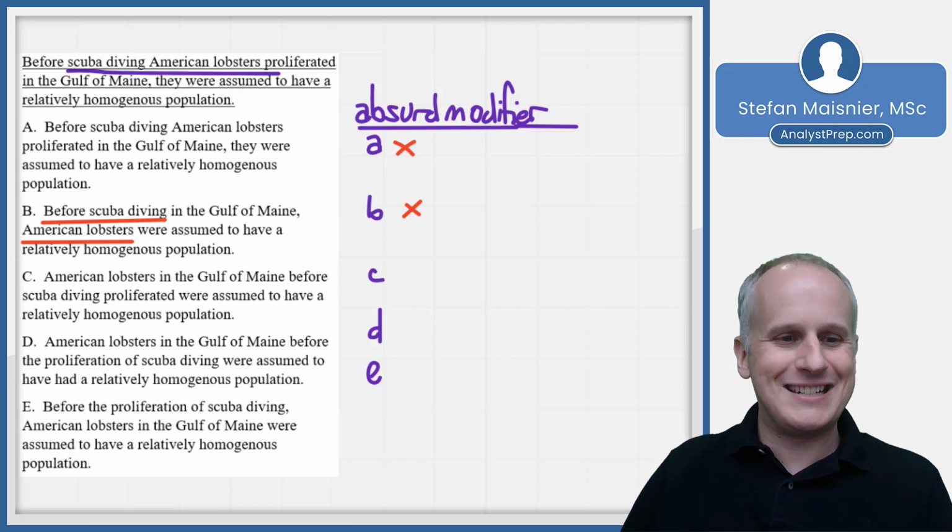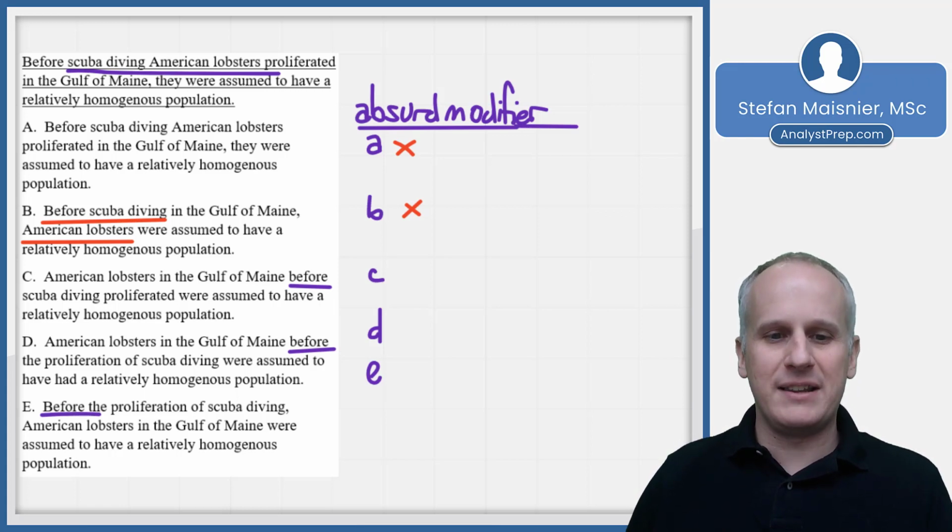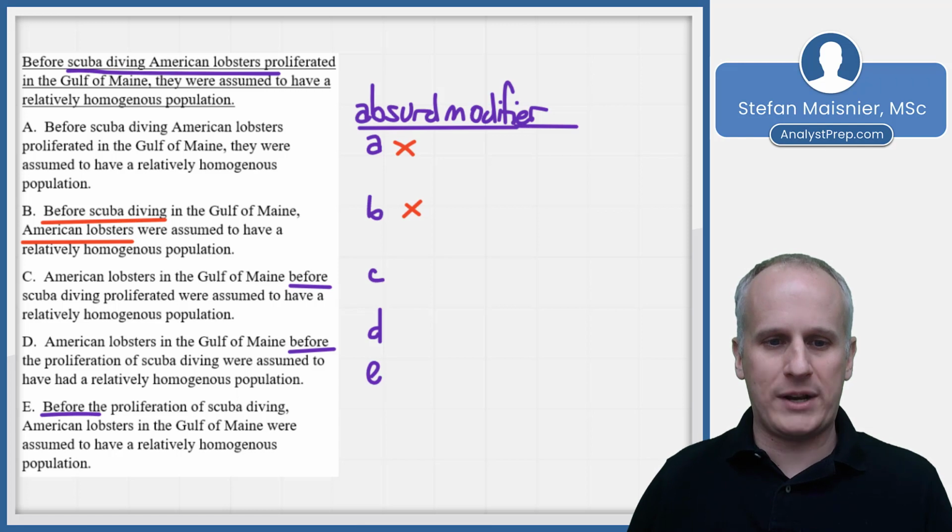So we can see here in the other answer choices that the word "before" is subtly moving in the options. So in C, we've got American lobsters in the Gulf of Maine before scuba diving proliferated were assumed to have a relatively homogeneous population.